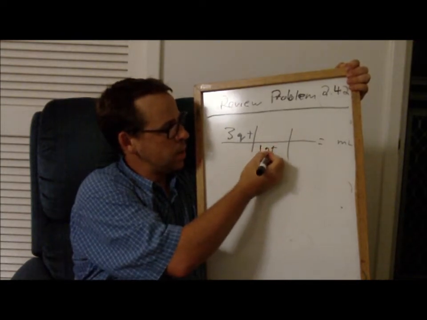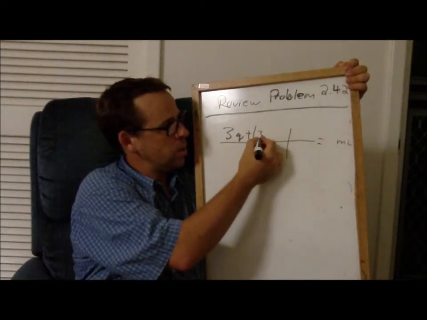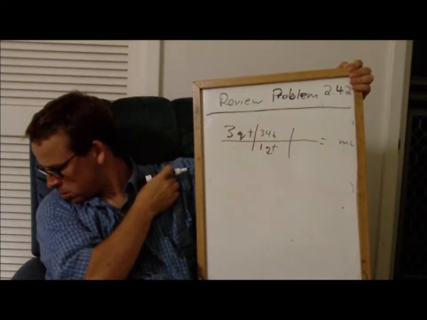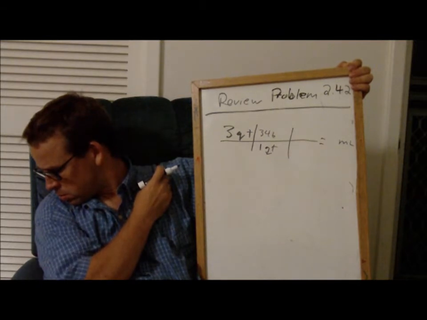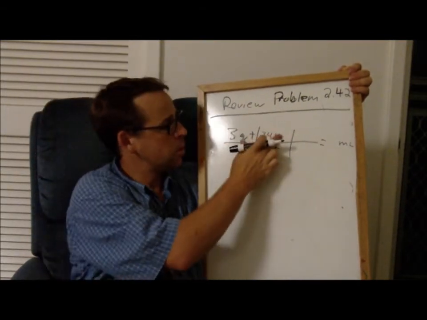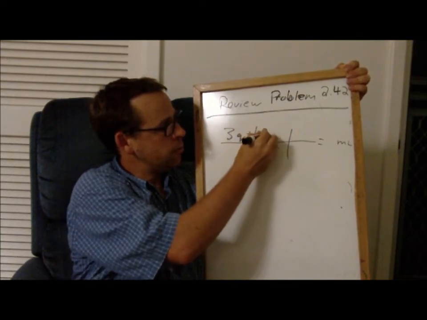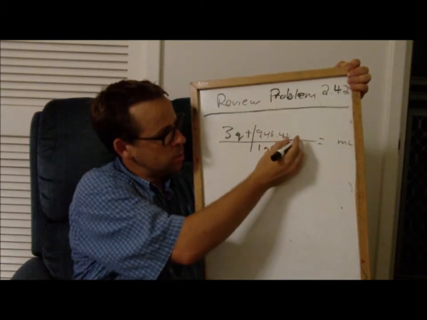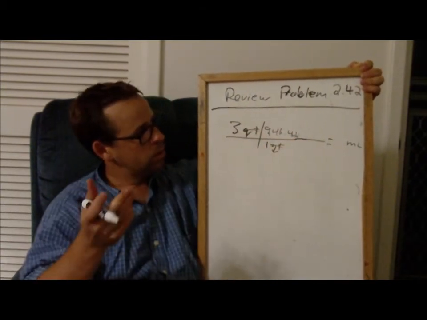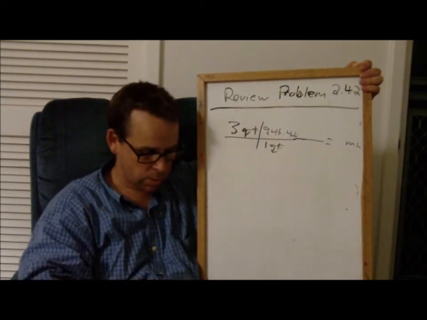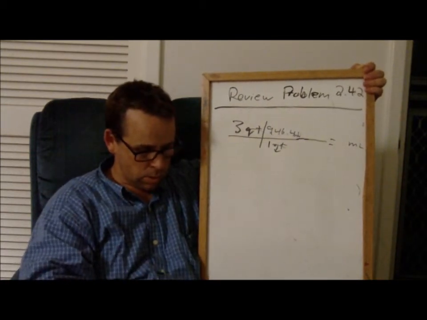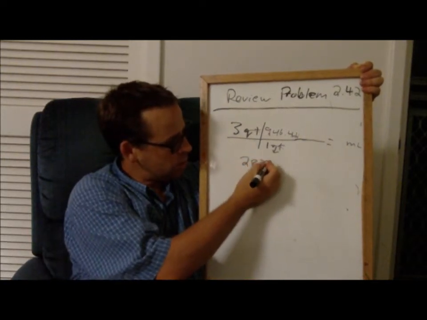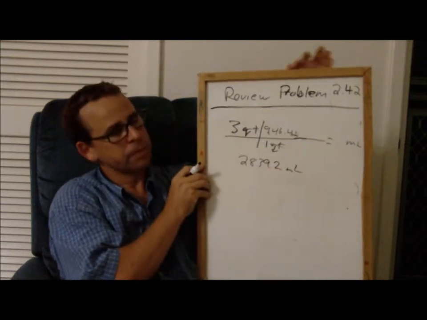We put that down here again because we want it to cancel out there. 946.4 milliliters. Alright, so we're already in milliliters. Quarts cancel out. 3 times 946.4 equals, and we got 2839.2 milliliters. Alright.